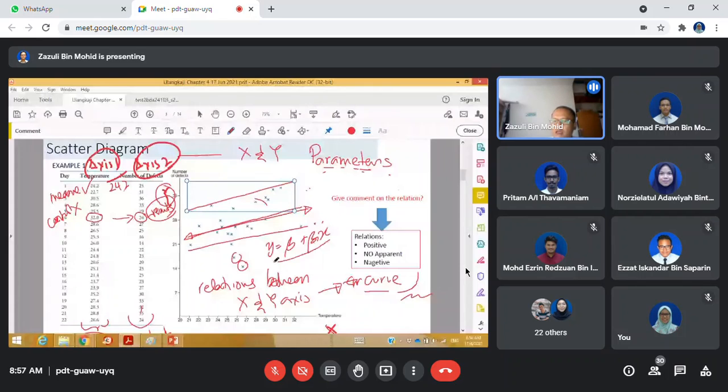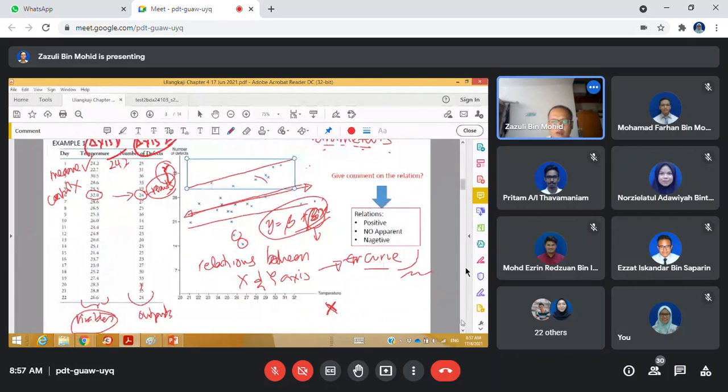So you have the inclination here, then you can say whether it is positive or negative or no relation. Once again, for the scatter diagram, we need the y and x axes. Y is for the output, and you also have to describe the relation by stating whether it's positive, negative, or no relation. Okay, that is for the scatter diagram.